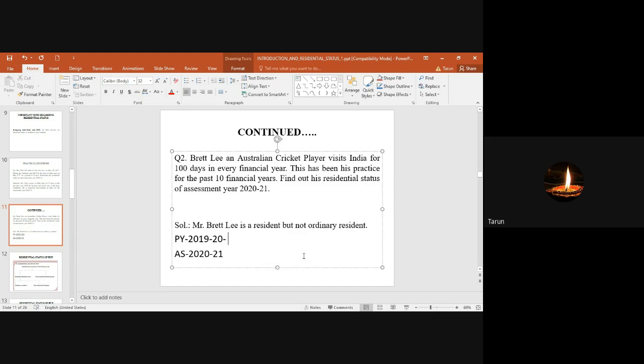The previous year is 2019-20. So let's consider 4 years back from the previous year. What would be the 4 years back?